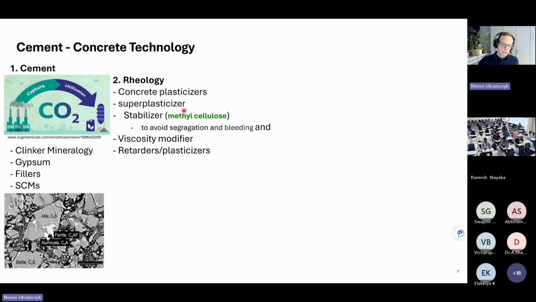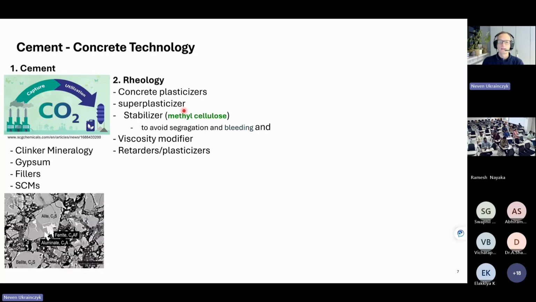Rheology is a very important concrete technology principle. It is fresh concrete technology. The success of concrete is because it hardens, it has a setting time, you can make it workable, and after some period you can cast it.